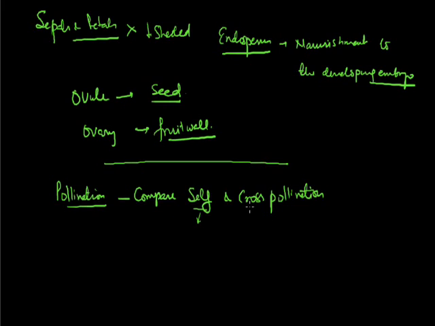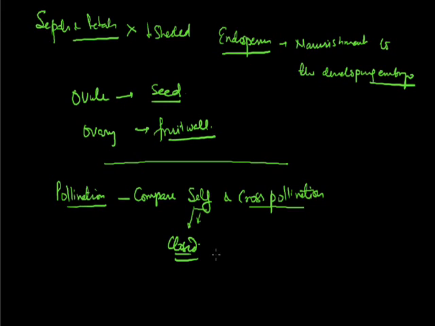In cross-pollination, the process involves transfer of pollen grains from another plant or another tree. Self-pollination can occur even when the flower is closed.